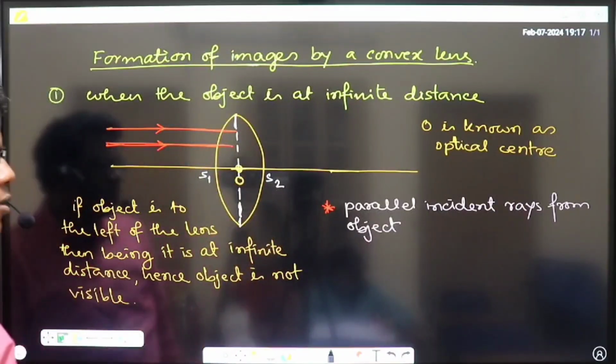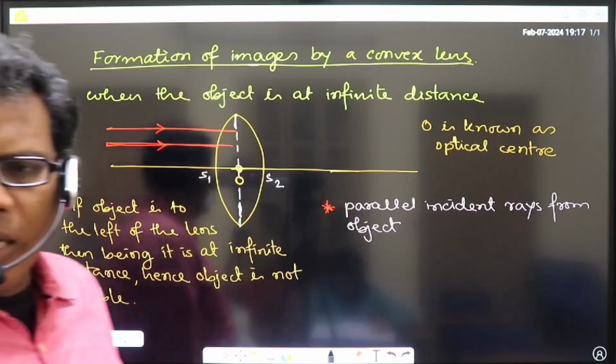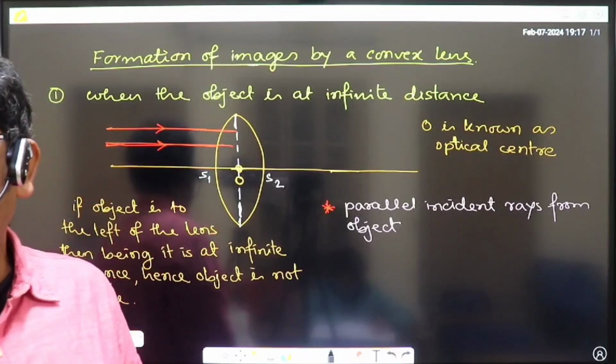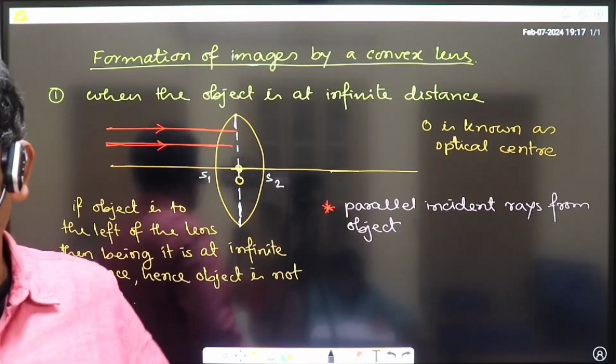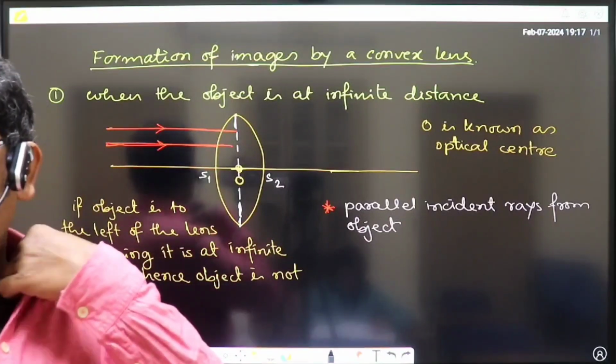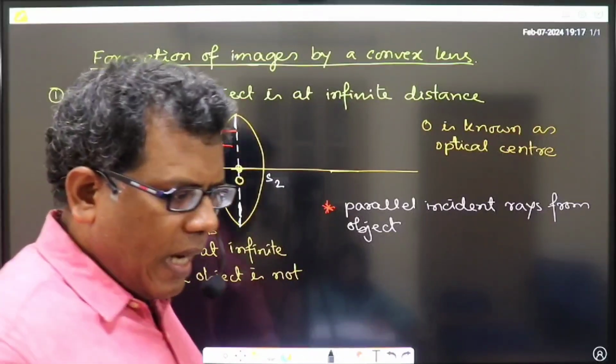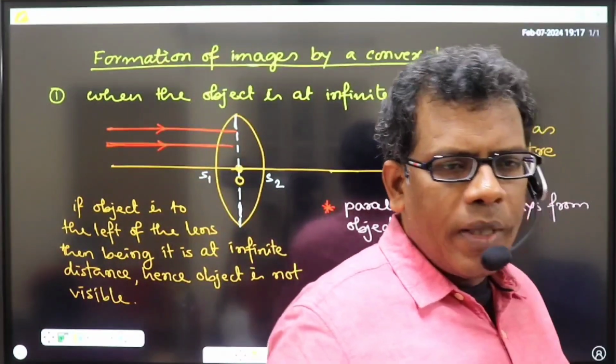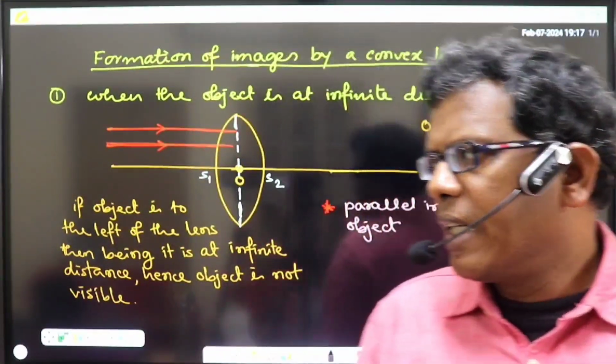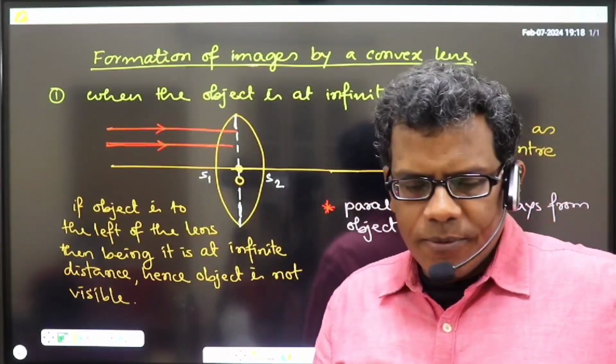Light first passes through S1 going from air to glass and bends, the first refraction. Then while coming out from the glass to air it gets refracted again.